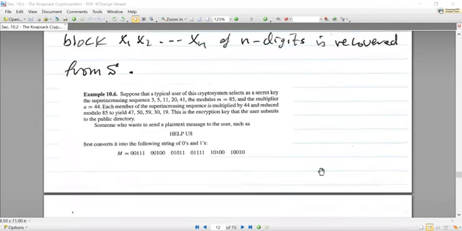All right, here is an example. Again, there are a couple of examples from the textbook I chose in here, because the calculation requires a lot of computations. So let's assume that we chose the super increasing sequence 3, 5, 11, 20, 41, and the modulus is 85.